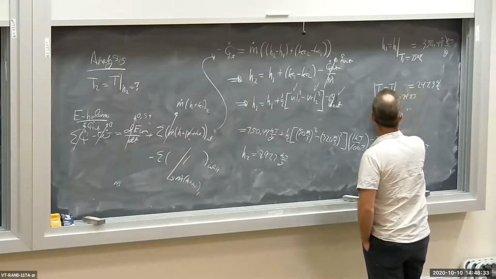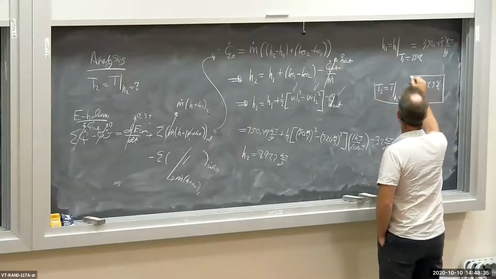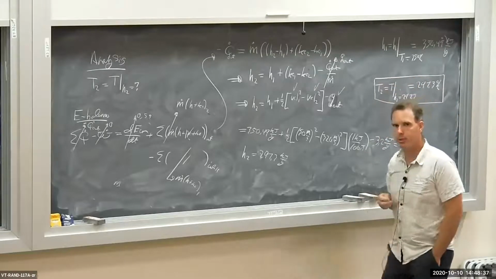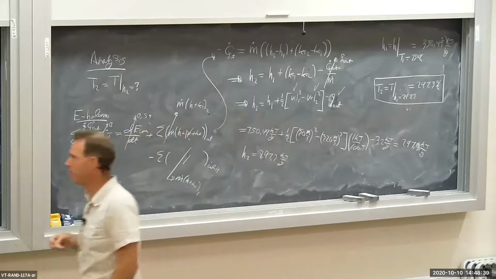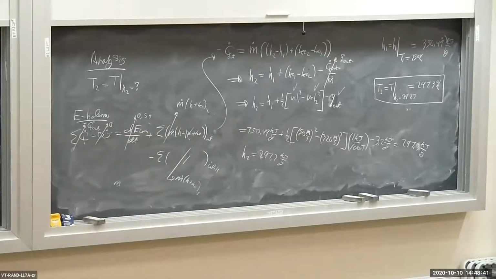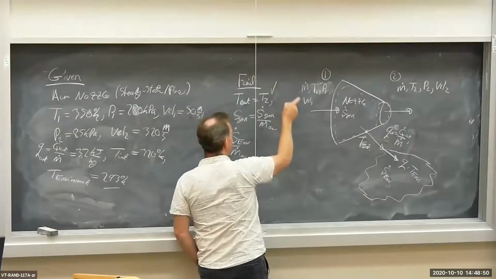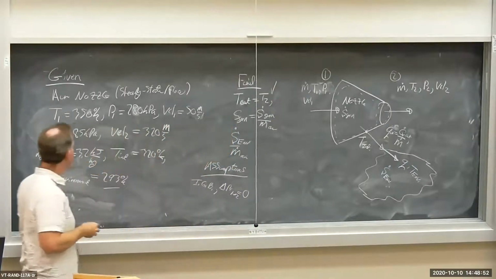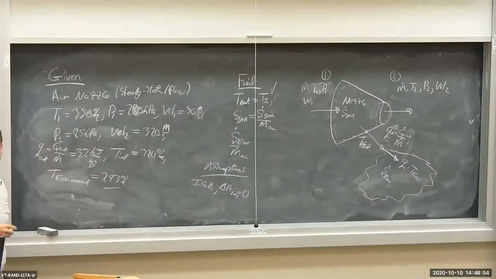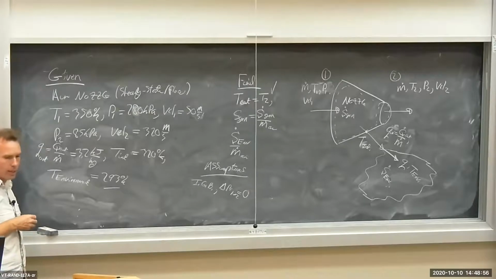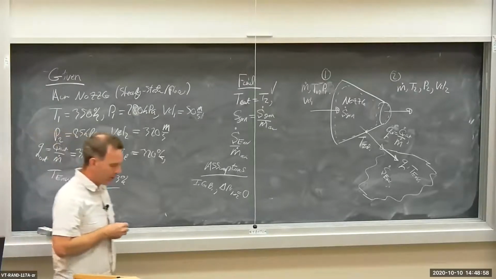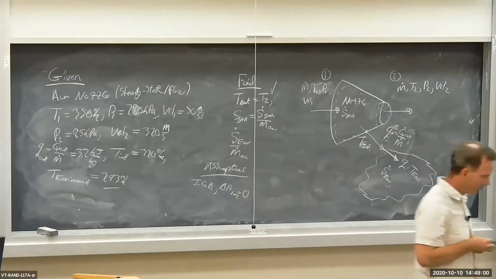So I'm going to put a little box around this. There's our outlet temperature, T2. So the air comes in pretty hot at 350 degrees K and leaves at just shy of 300 degrees K. All right? That looks good.